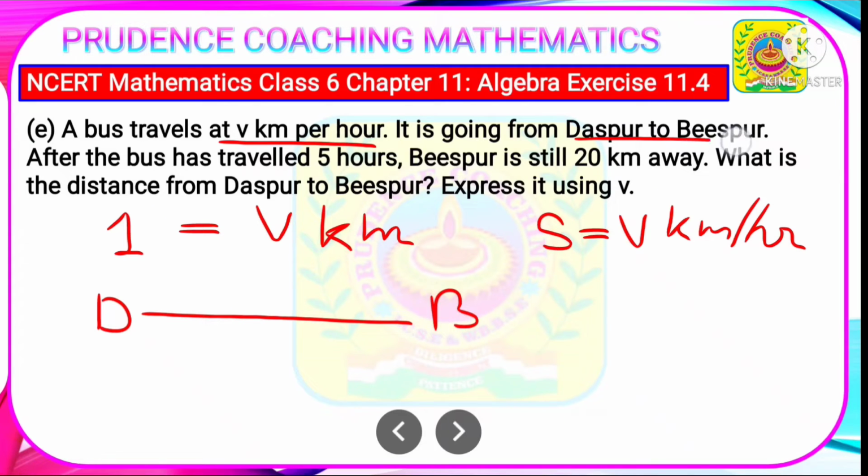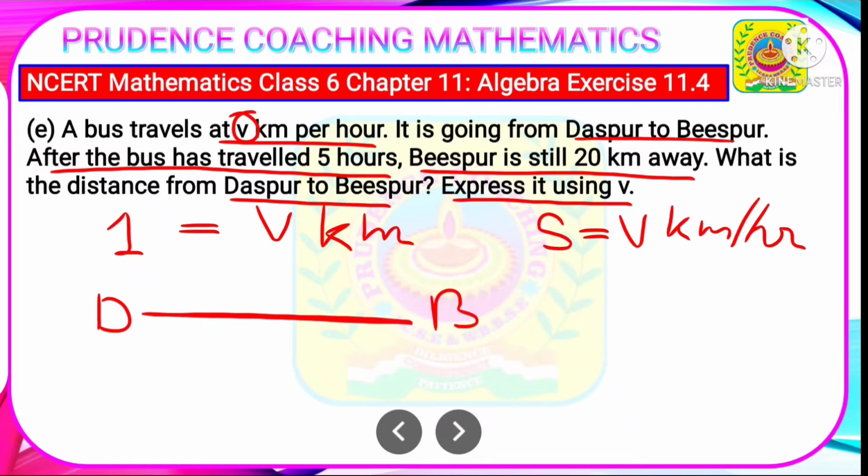So as it is given in the question, after the bus has travelled 5 km, Bispur is still 20 km away. Now also 20 km is left to reach Bispur. What is the distance from Daspur to Bispur? Express it using v. So we need to use the variable v to represent our answer.